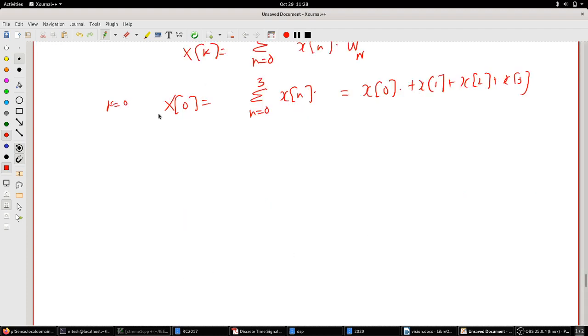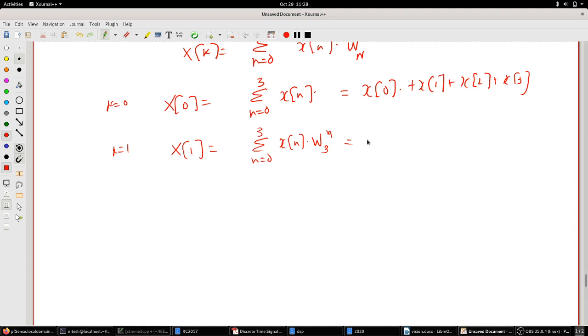Similarly, k equal to 1, x of 1 becomes summation n equal to 0 to 3 of x of n into w kn of n, or n of 3.